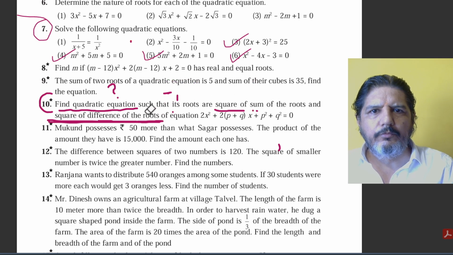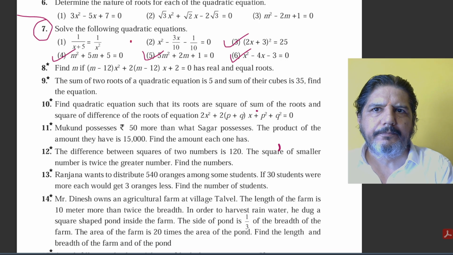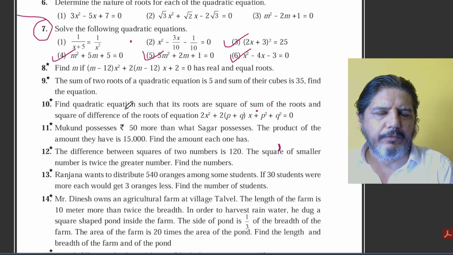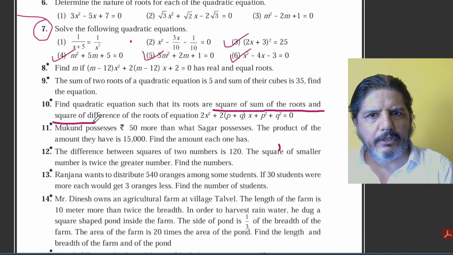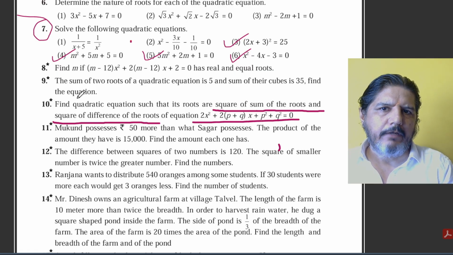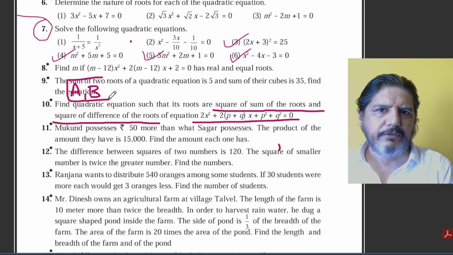Now what we'll do is we'll try to understand this part of the line which I have told you that I have ignored. Find quadratic equation such that its roots are square of sum of the roots and square of difference of the roots of this equation. So basically, the condition given is that its roots are square of sum of the roots and square of difference of the roots of this equation.